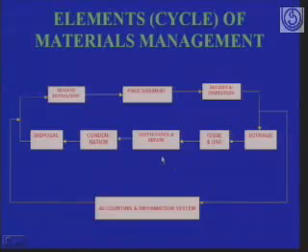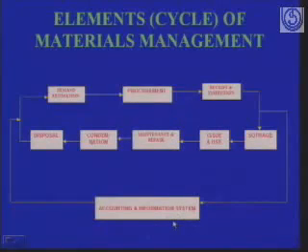Now the next three things, maintenance, condemnation and disposal, are required for capital equipment, because once we have issued consumable items and used them, we are consuming them, and hence these are not required. But the whole cycle needs to be accounted for, and an information system should be there so that you can do proper evaluation.